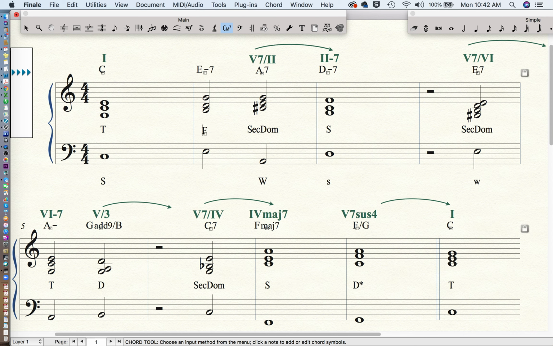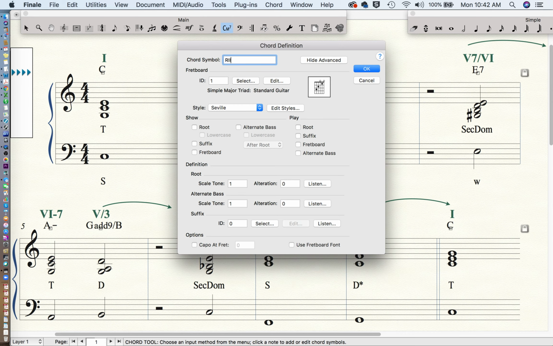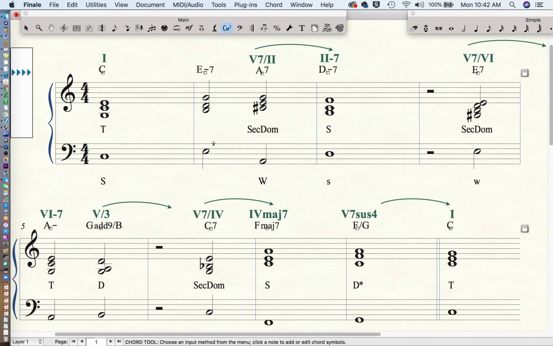No. Tonic related two. Whoops. Oh boy. All right. I'm going to put it as text for now. Tonic related two. Okay, so it's what we call a dual function. So I'll also put DF for dual function.